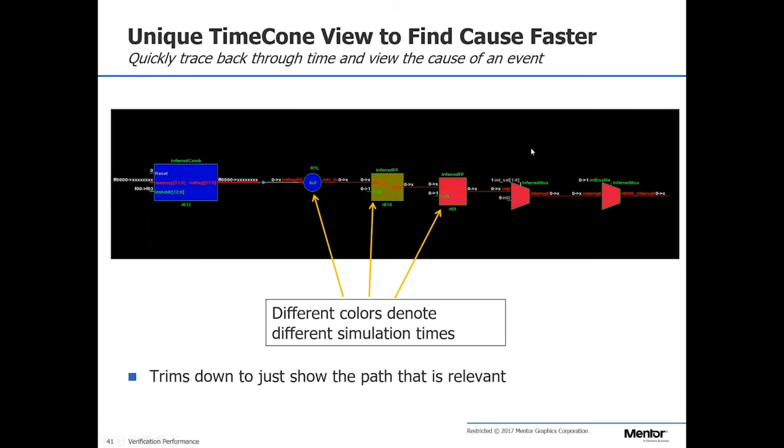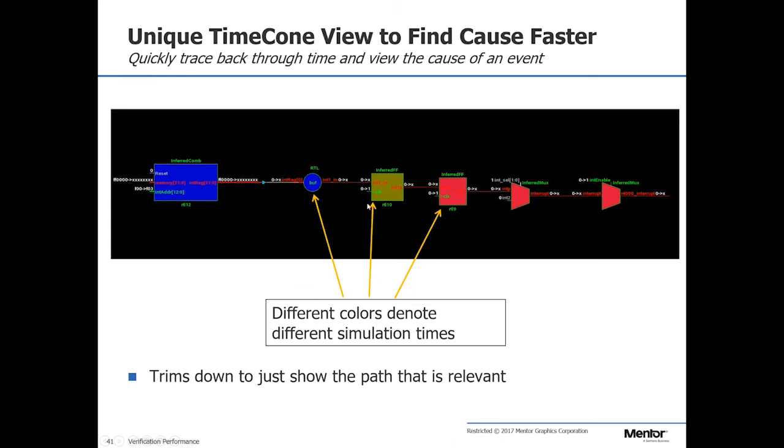But this time cone view is time aware. So it knows that this is a flip-flop. When it does this annotation, it says, when I go through this flip-flop, I'm going to show the data here as a cycle earlier than the data over here in red. And everything in yellow is a cycle earlier than here, and I can keep debugging back.